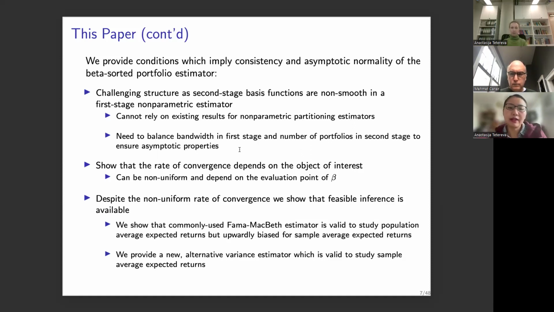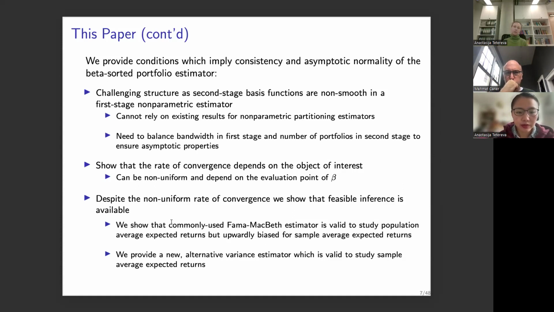Apparently, what is optimal for the first step estimator may not be optimal for the second step estimator in terms of bandwidth selection. And we show that the rate of convergence depends on the object of interest. It can be non-uniform, and it depends on the evaluation point of this beta.